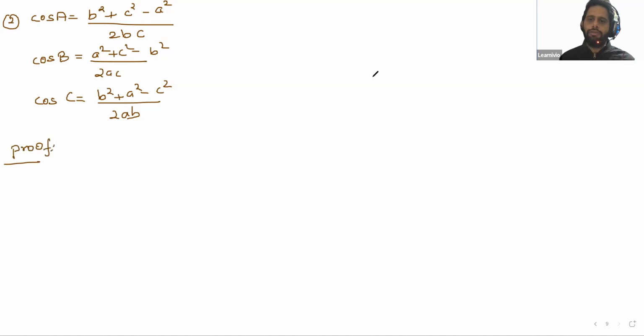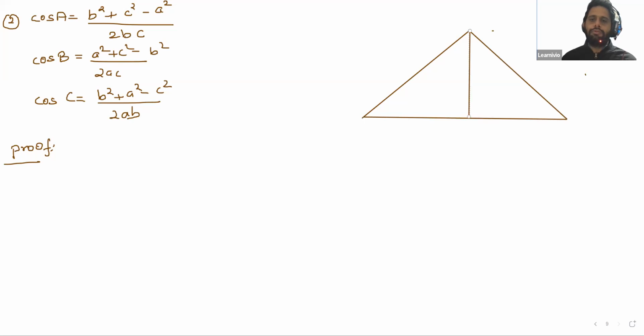We will draw a triangle. On this we will draw a perpendicular. Let this be A, let this be B, and let this be C. This is perpendicular. Okay. Now our side opposite to angle A is small a, opposite to angle C is small c, opposite to angle B is small b.